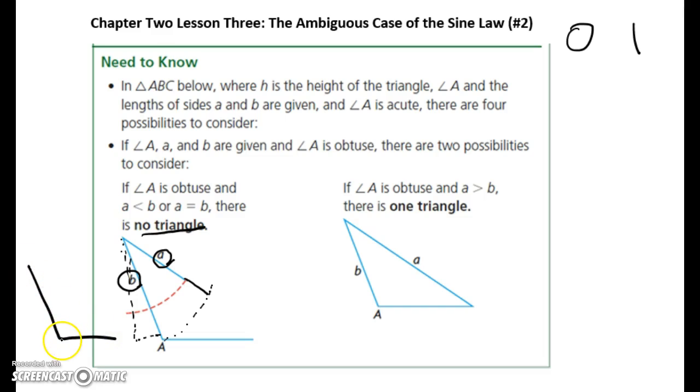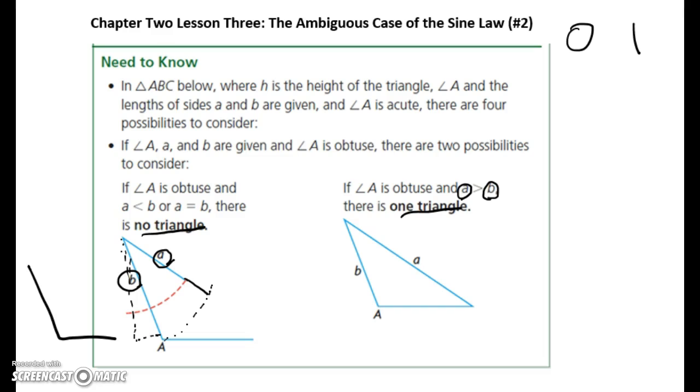Because your two lines would be overlapping, that actually doesn't create a triangle, so that's how there's no triangle created in that case. So the only time we're ever going to have a triangle created is when your side A is larger than side B. So only one triangle possible if side A is larger than side B.